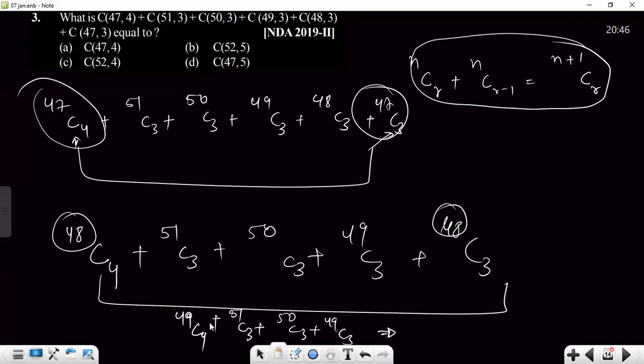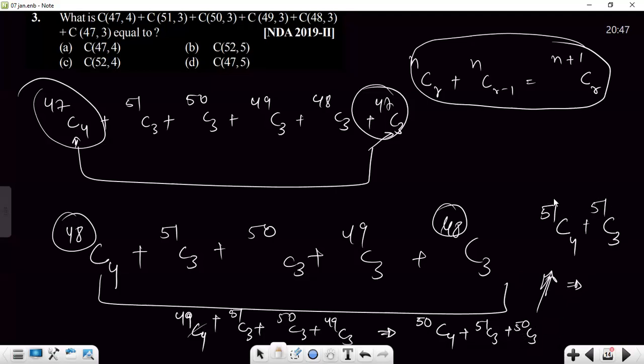Conveniently, in the last two terms also n is the same. So n plus 1, 49 plus 1, C, and the r which is the greatest, 4, plus 51C3 plus 50C3, and that's already added. Now the last two terms also have n common, and r with a difference of 1. So their sum is going to become 50 plus 1, 51, and r, which is the greatest, 4, plus 51C3.